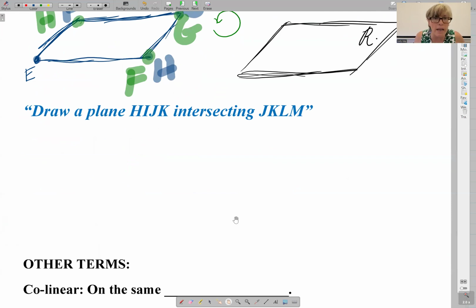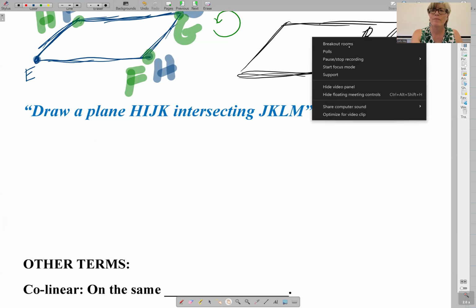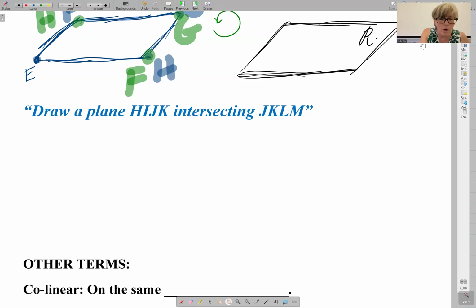It says draw plane HIJK intersecting at JKLM. You're like, uh-oh, now I got 2 planes going on here. What's happening? So look very, very carefully. We have HIJK, JKLM.